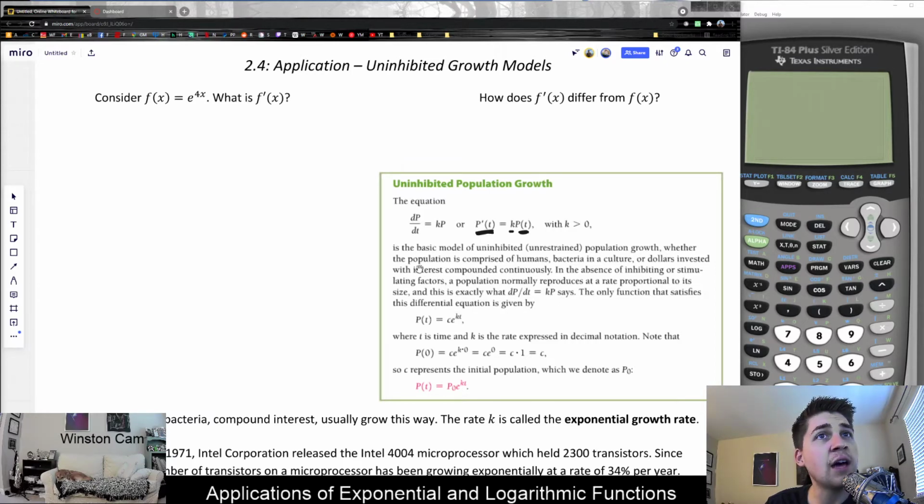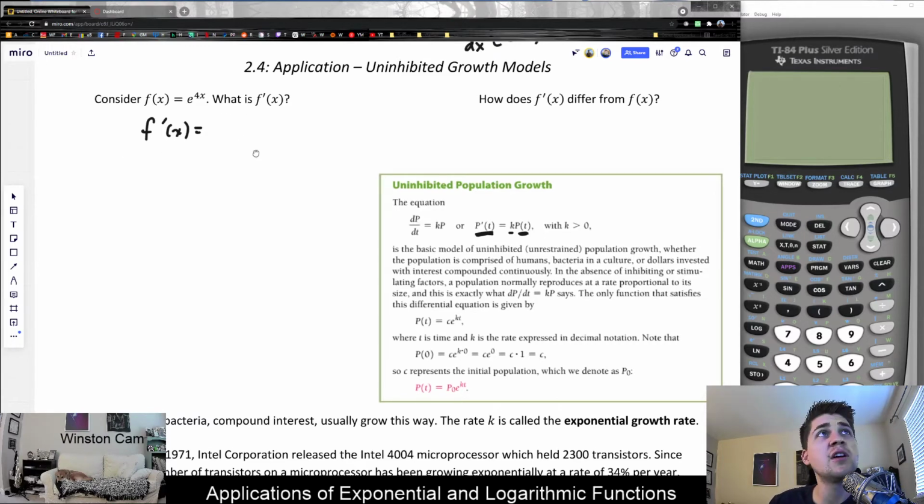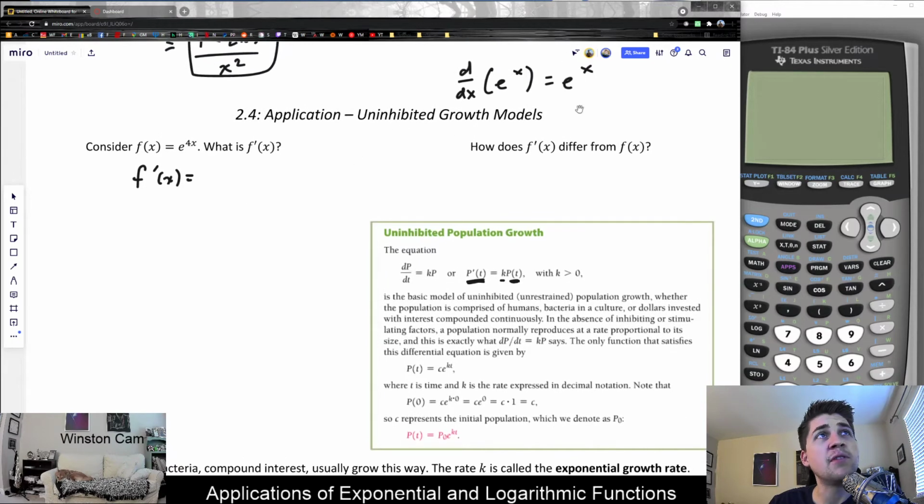To look at why this is, let's go ahead and look at f of x equal to e to the 4x. I just picked a random number to be k. Then it asks us, what is f prime? To take the derivative, we know our baseline: the derivative of e to the x is just e to the x. It's the only function which is its own derivative.